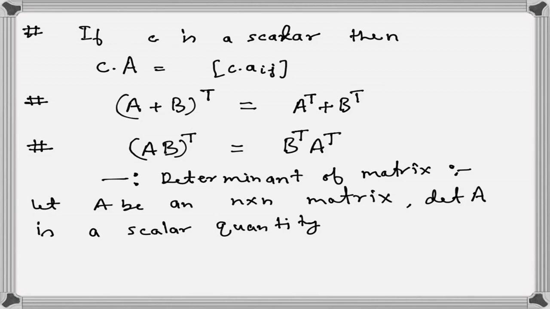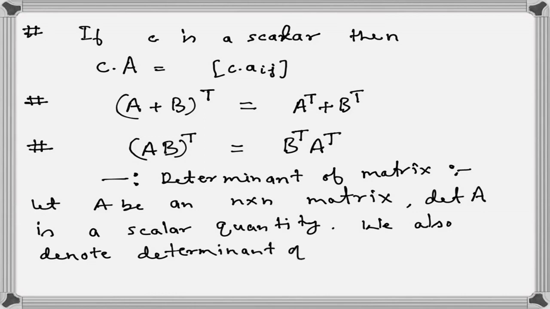We denote the determinant of A by |A|. You just put two parallel lines and put matrix A inside that.